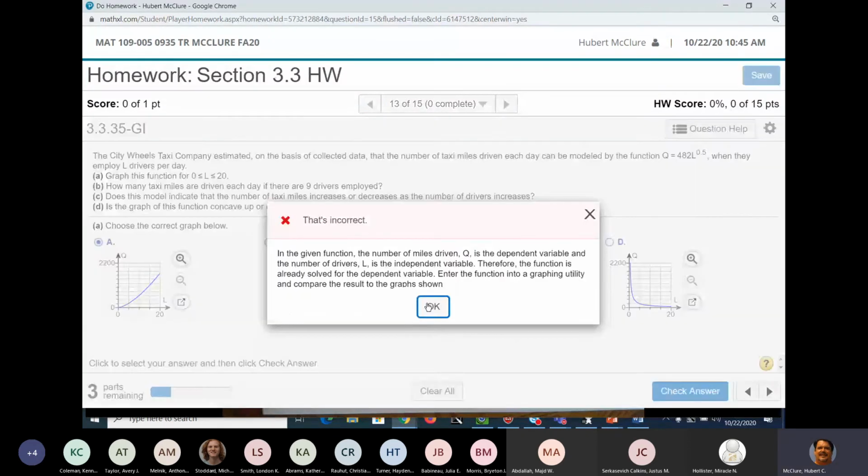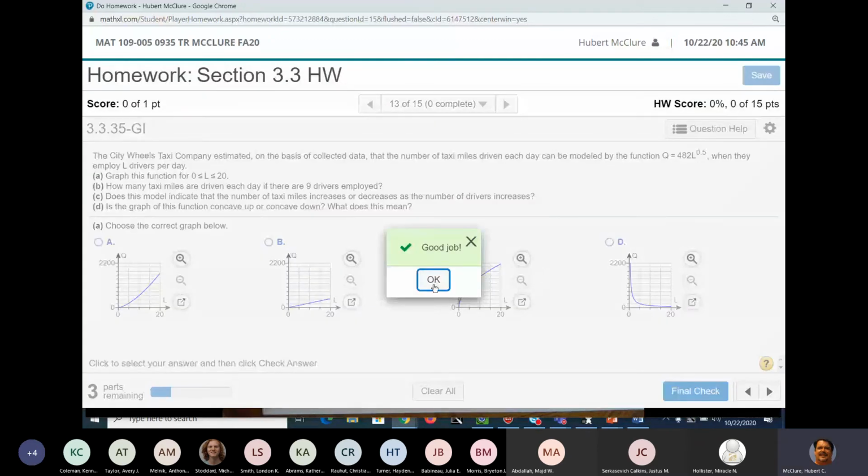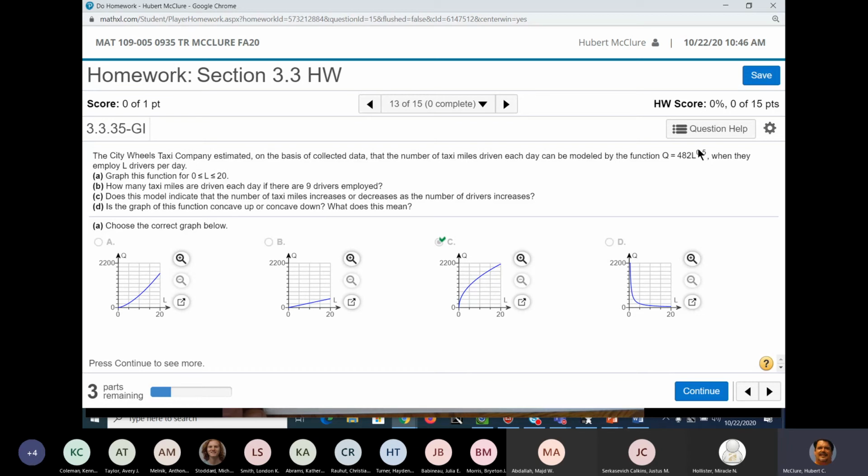Okay, let's try Charlie. Yep, I knew it was going to be one of them. I didn't graph this on a calculator. You would have graphed that on a calculator and matched it up. Being a teacher, I knew it was the increasing function, so I knew it was either Alpha or Charlie. Okay, how many taxi miles are driven each day if there are 9 drivers?